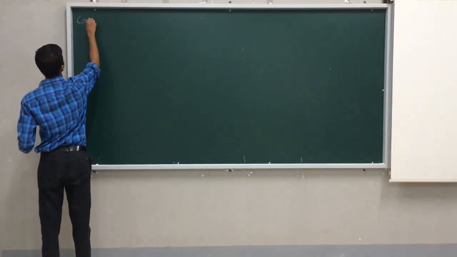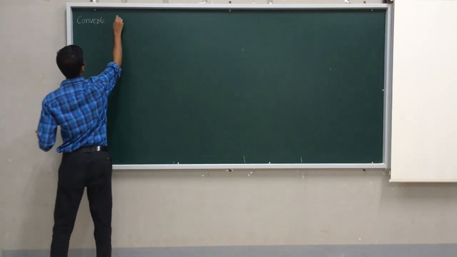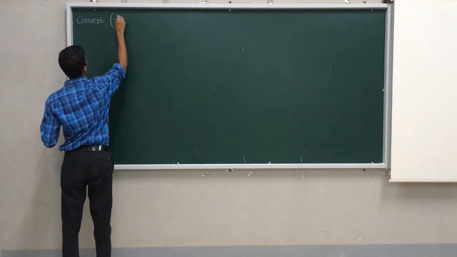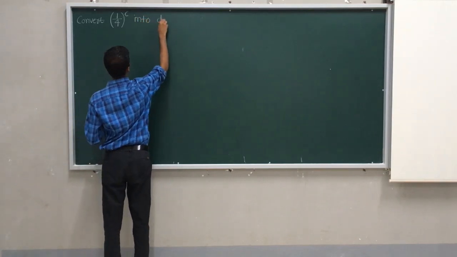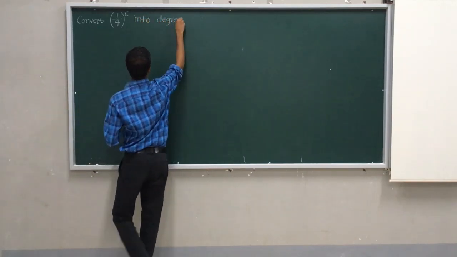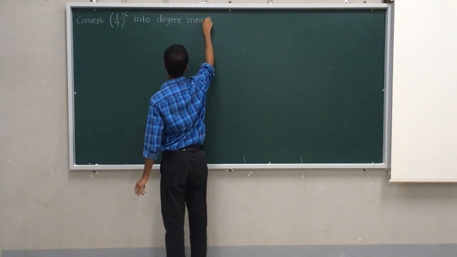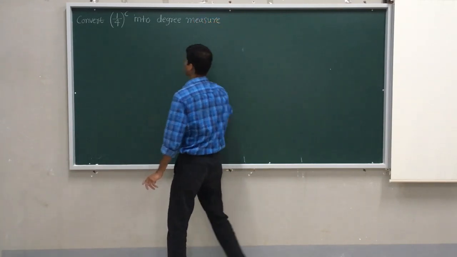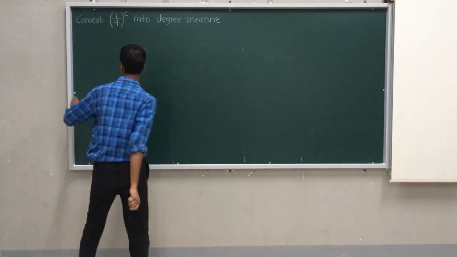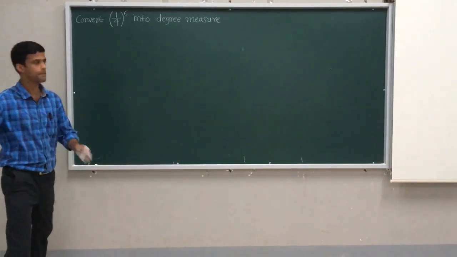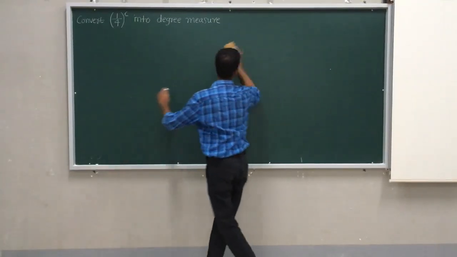Convert 1 by 4 radian into degree measure. They will mention only up to this. The rest is up to you. So just work with me. Let me begin this problem in a nice format.